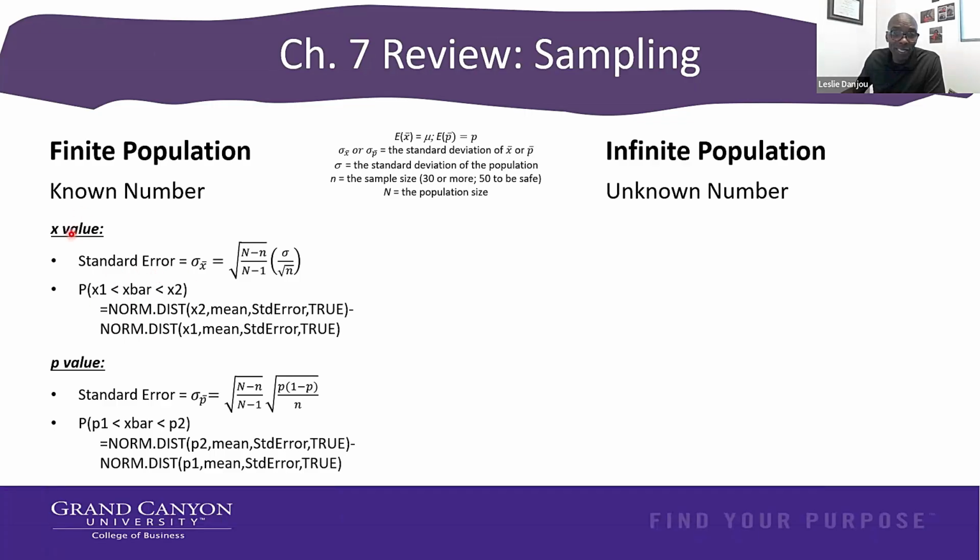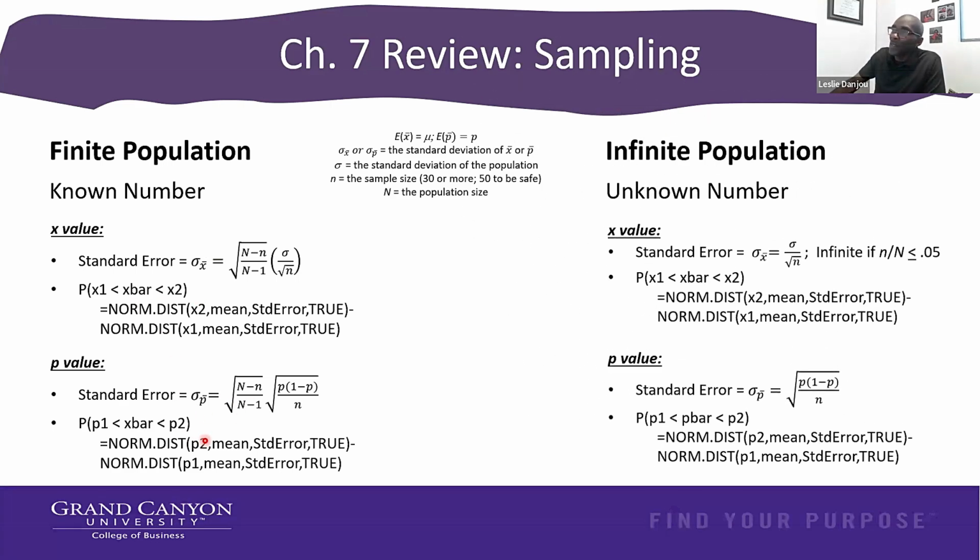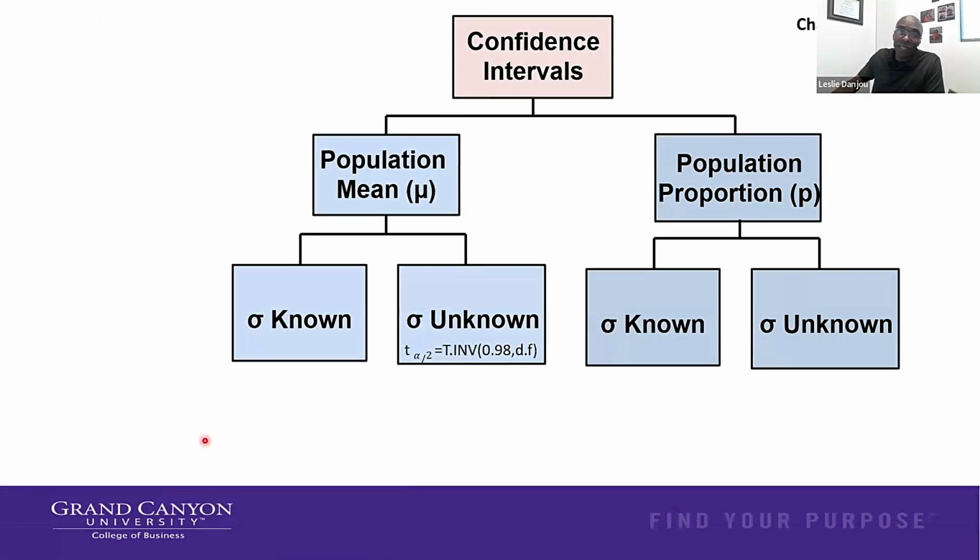So whether we're dealing with X values or proportion values, find your standard error, find your probability. Now, from chapter 8, confidence level: if we know our probabilities, can we find the actual X values? Can we inverse it? Can we go the other way?